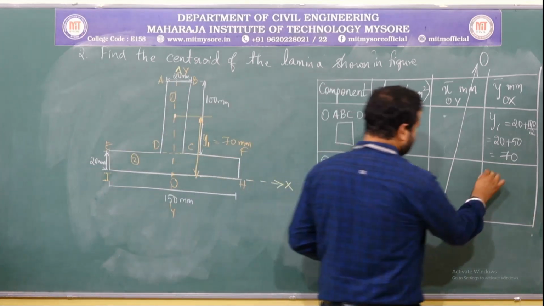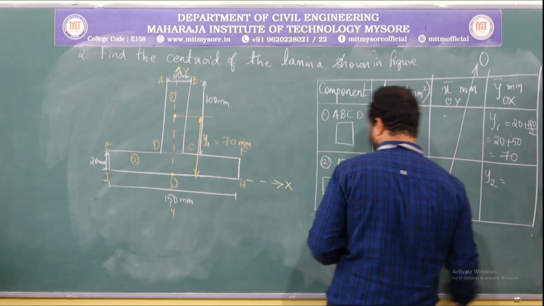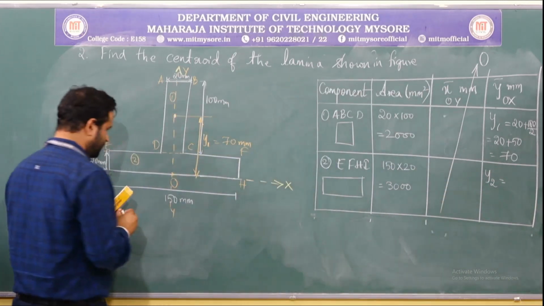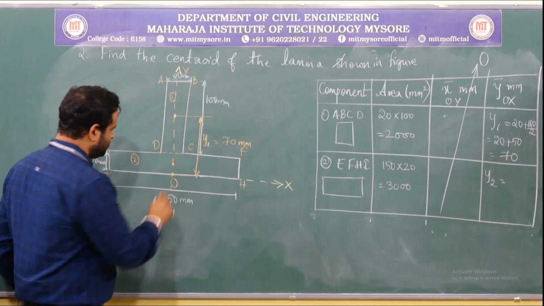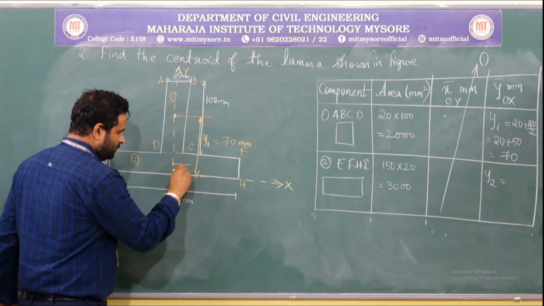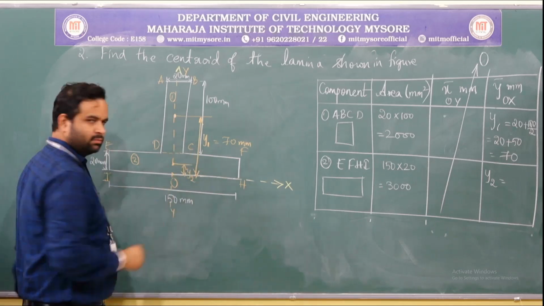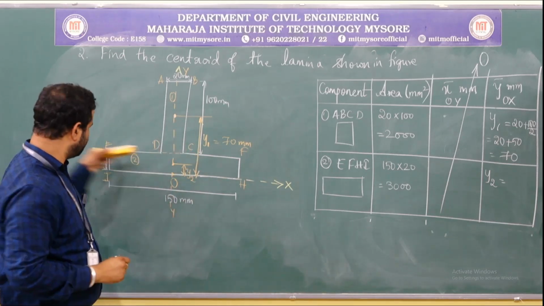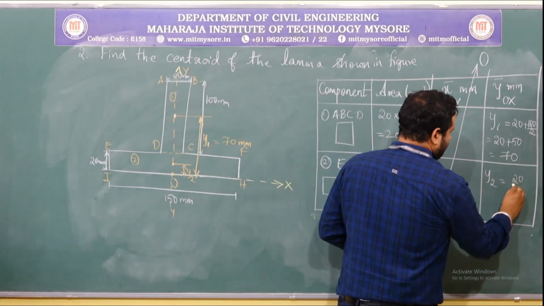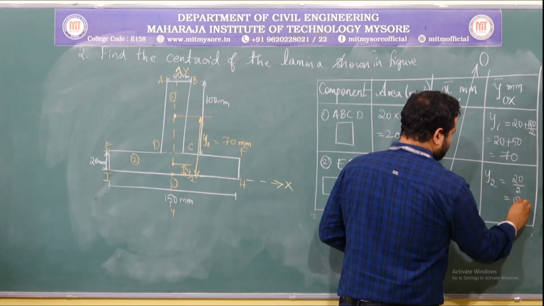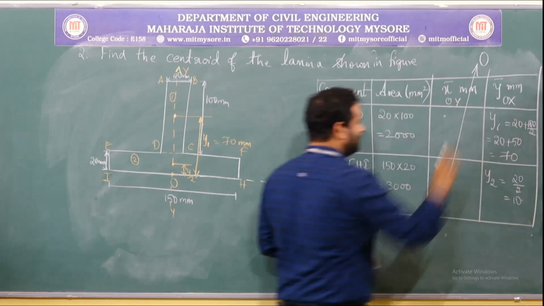And what about y2? Y2, that is, locate the center of second component with respect to the referral axis. So, what is y2? Easily you can say half of it, that is equal to 20 by 2, which is equal to 10 mm.